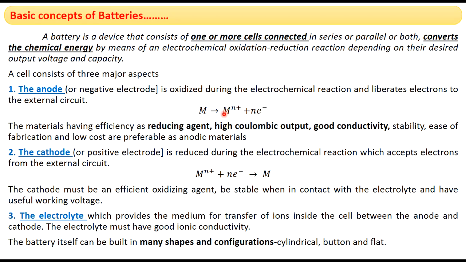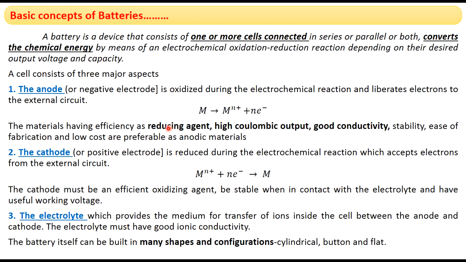And what kind of materials can we use as anode? Materials having high efficiency as a reducing agent, high coulombic output, good conductivity, stability, ease of fabrication, and low cost as well. Materials having these properties are generally preferred as anodic materials.